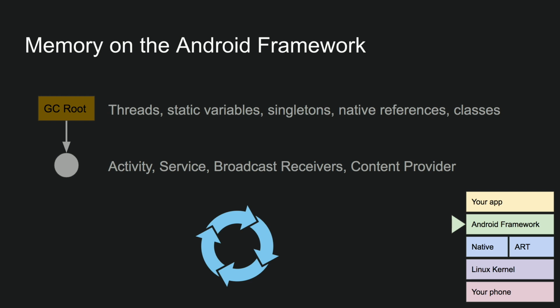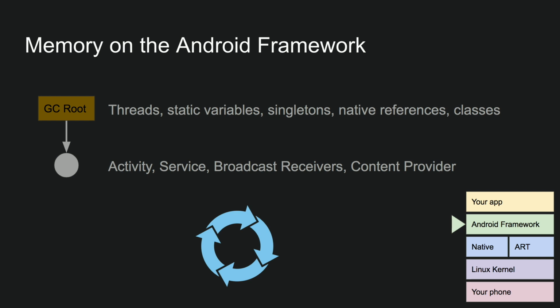And then the objects that we might think about as part of this heap graph or this reference tree are our activities and services, broadcast receivers, and content providers. So the building blocks provided to us by the Android framework to build Android apps. And it's important to note that these items each have a life cycle.